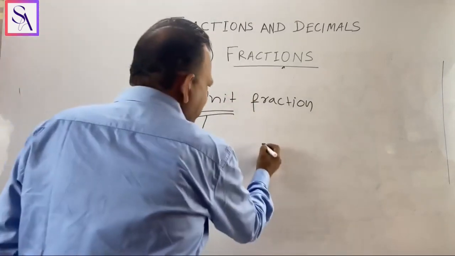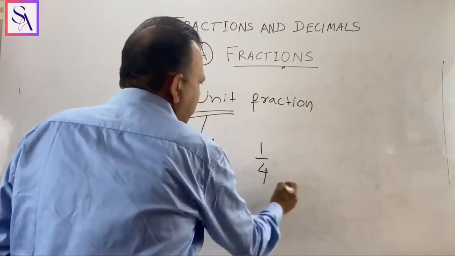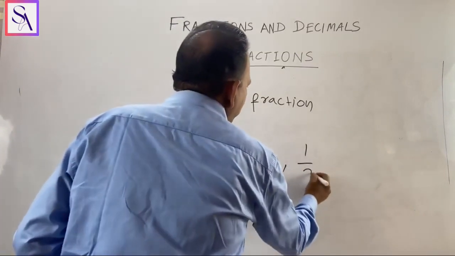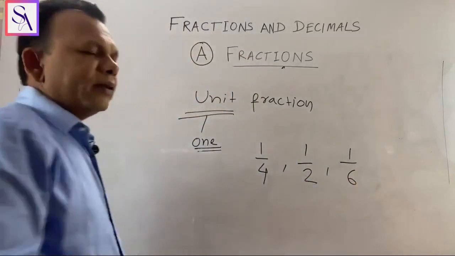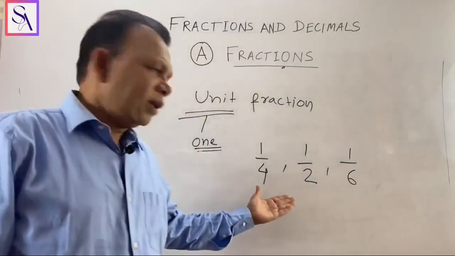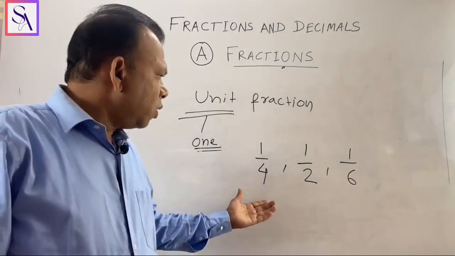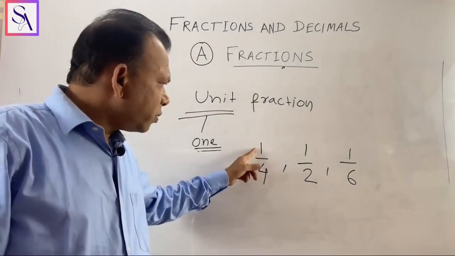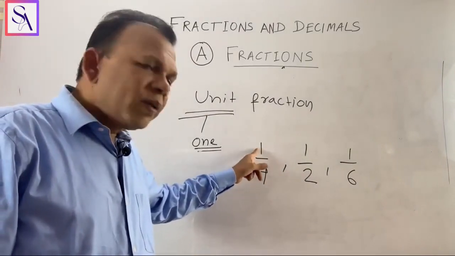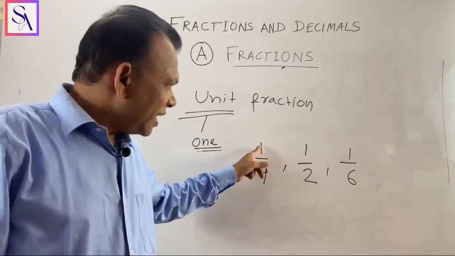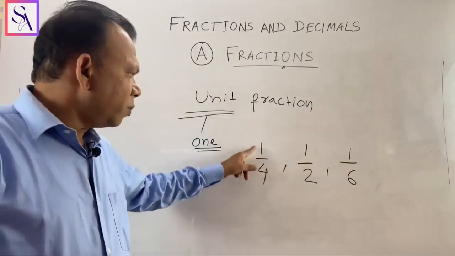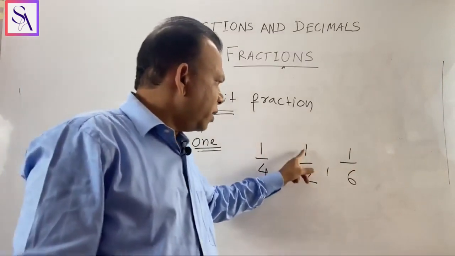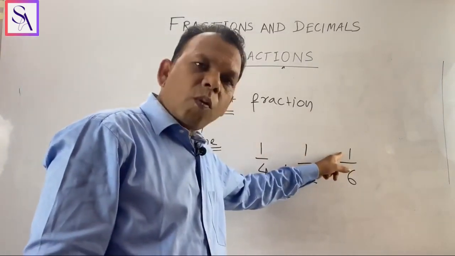We have seen examples like 1 by 4, 1 by 2, or 1 by 6, right? These examples we have seen in our video. So here, if you observe, on numerator side, there is always 1. See, 1 by 4 numerator is 1, 1 by 2 numerator is 1, 1 by 6 numerator is 1.